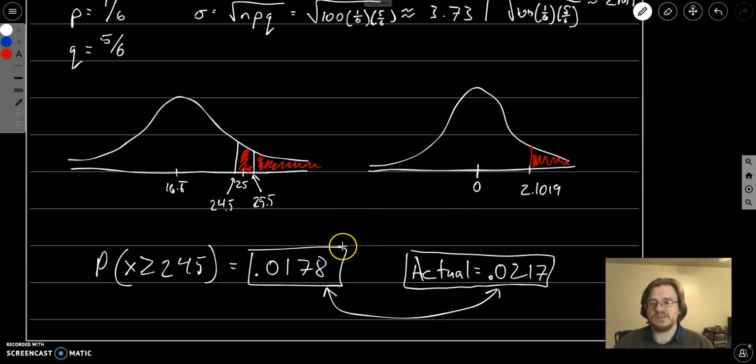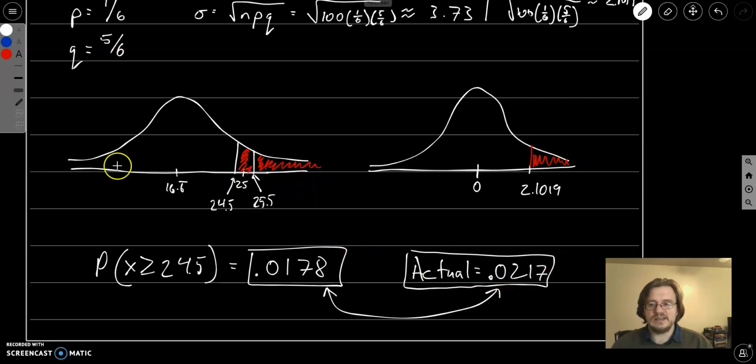However, there are situations in which the normal approximation is easier and quicker to use. The binomial calculator that we have is quite nice, but sometimes the normal approximation may be a little bit better.